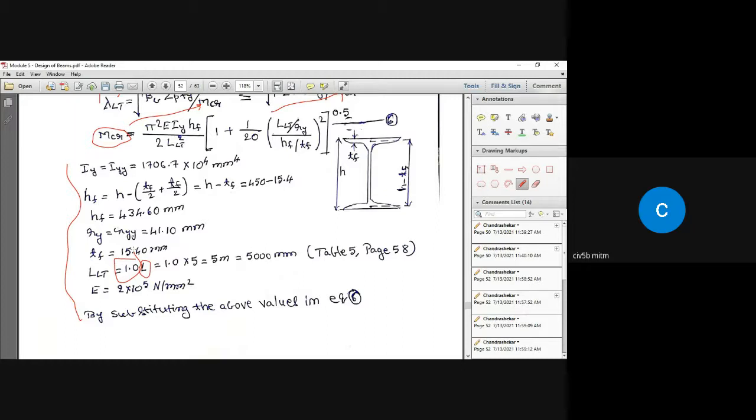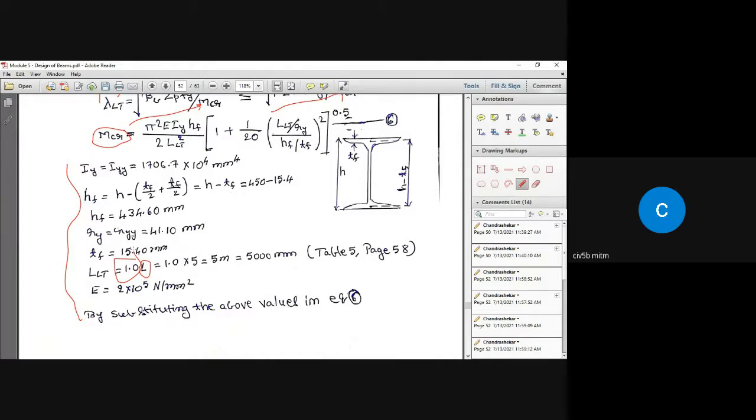For destabilizing, you don't have to worry about it. Only for normal condition, unless it specifically says that whatever condition the beam is going to be subjected to is destabilizing for the beam, then you have to use the last column. Otherwise, you are going to use the values under normal.